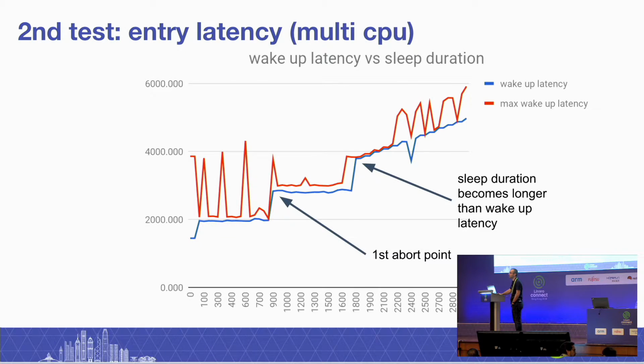If the sleep duration is less than the entry latency, we shouldn't be going to sleep, right? We check for that as part of the break-even cost when going into an idle state. So it shouldn't actually be going to idle. No, we're not going to idle, in fact.